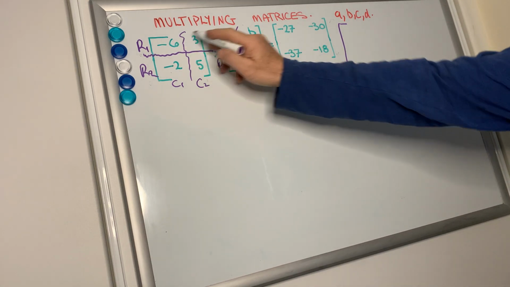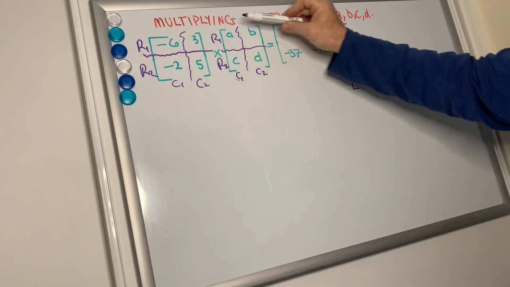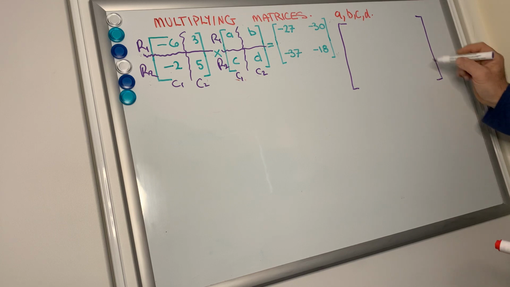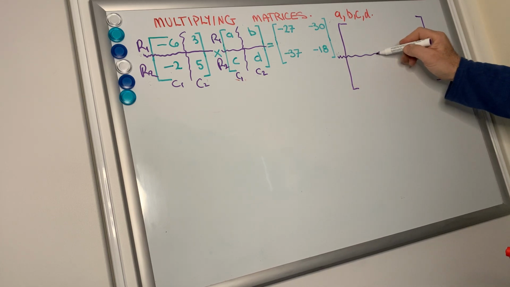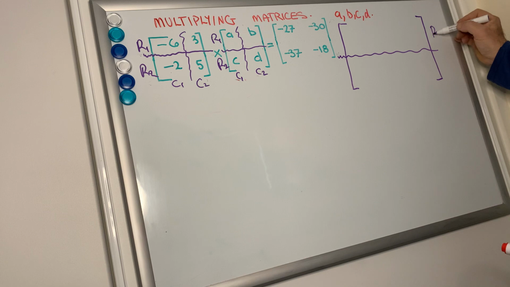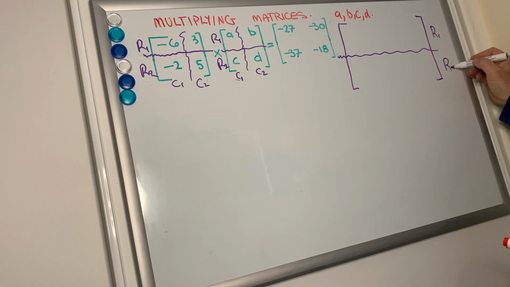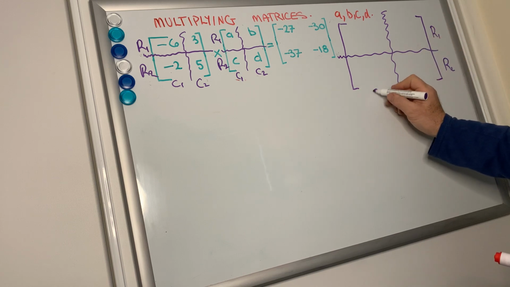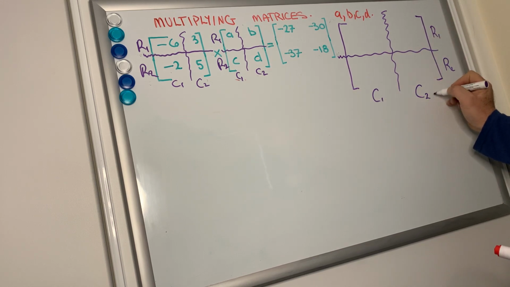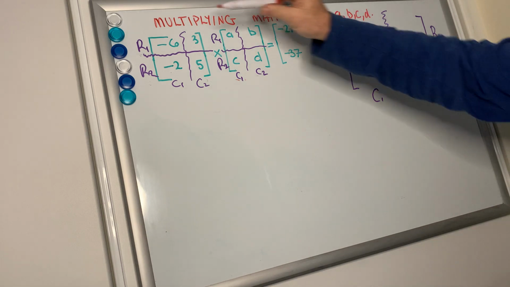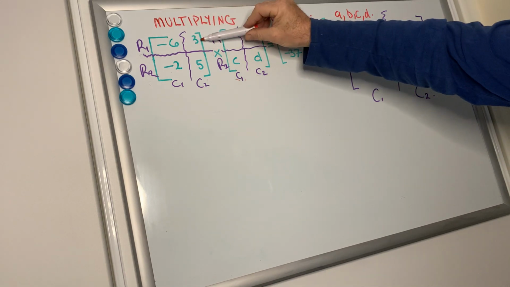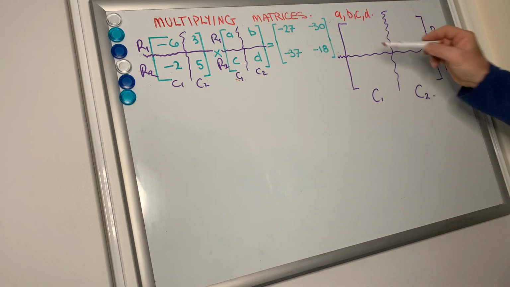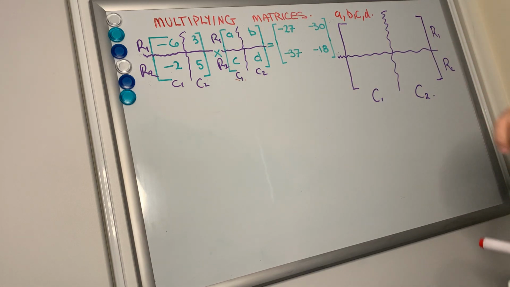But let's multiply this matrix with this matrix, and remember, let's put row 1, row 2. Let's put column 1 and column 2. So therefore, we're going to multiply this row 1 by this column 1, and that'll go in there. So let's work that out.